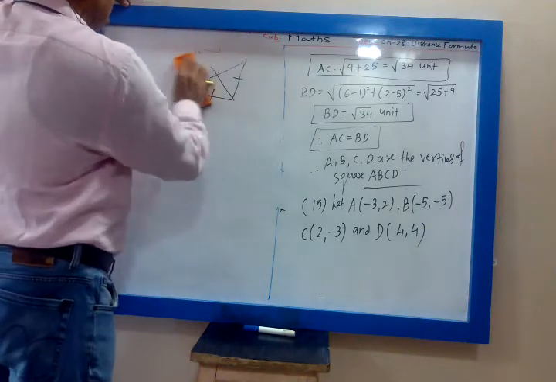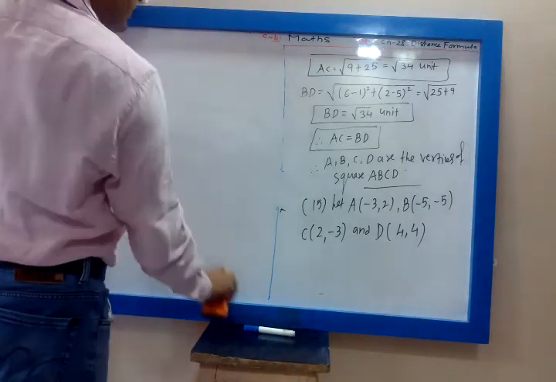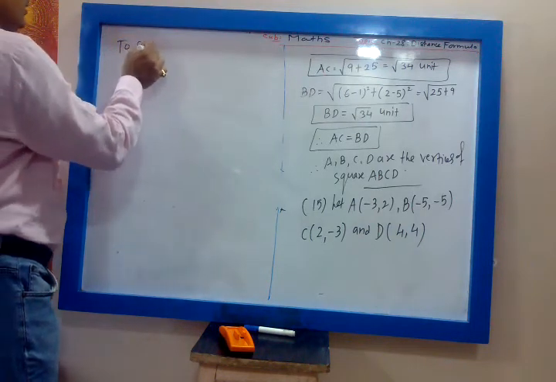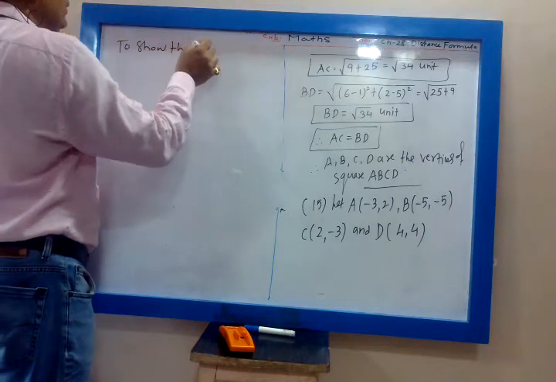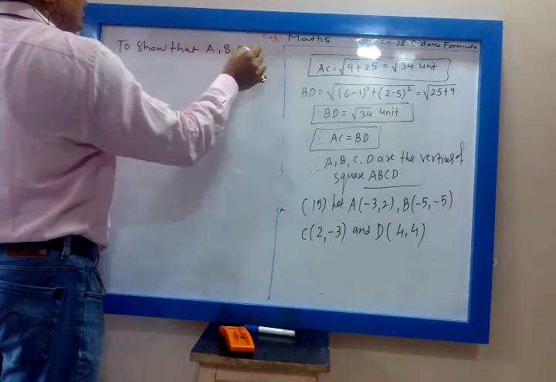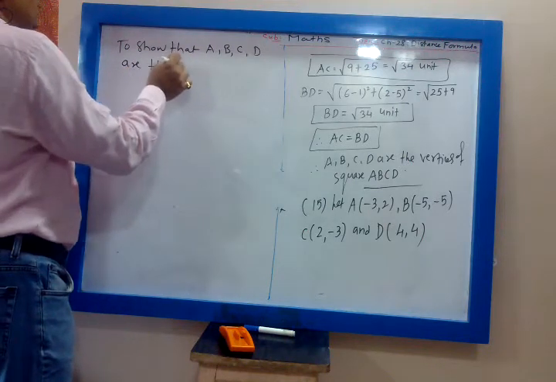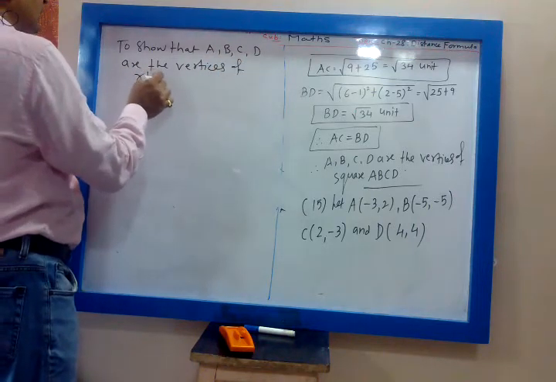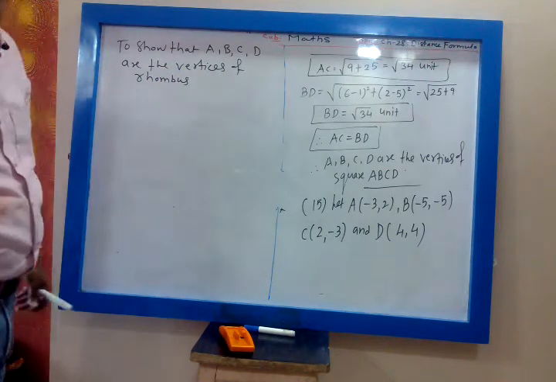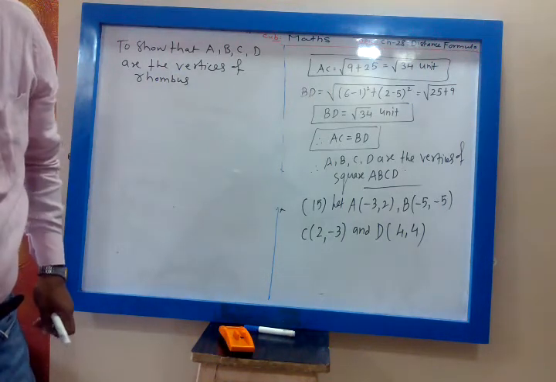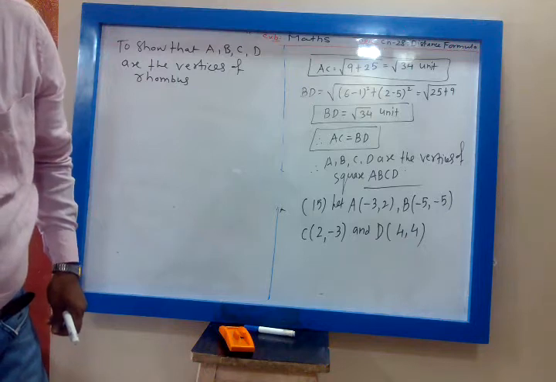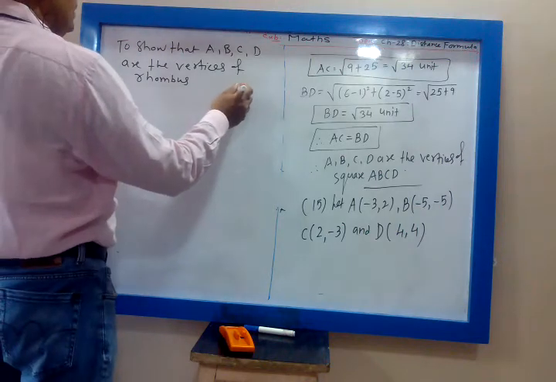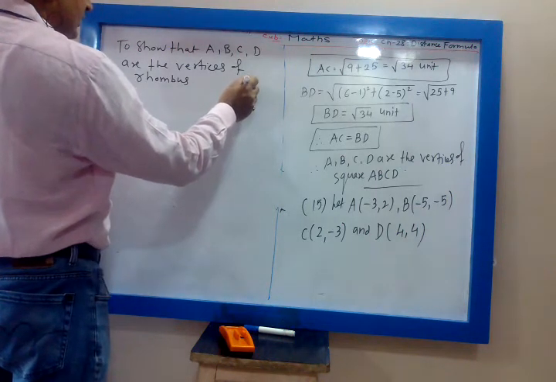So to show that ABCD are the vertices of rhombus, now see, AC and BD.